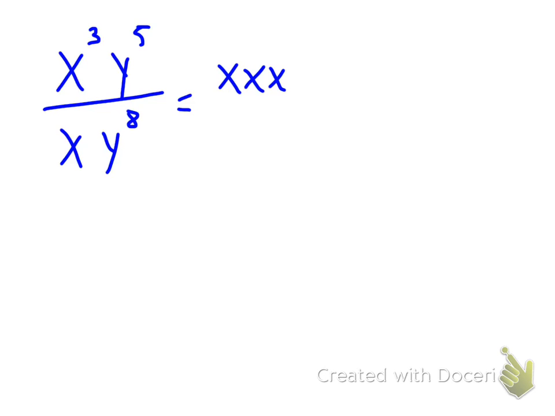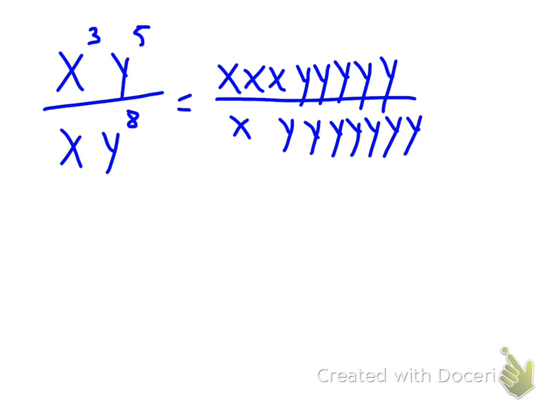Well, if I write out x to the third, it is x times x times x. Y to the fifth is going to look like that. There are 5 y's being multiplied together. In the denominator, I have x, and then I have y to the eighth, which are going to be 8 y's. So thinking about making my giant ones, with my x's, I make a giant 1 there. I still have 2 x's left, so that is x squared.